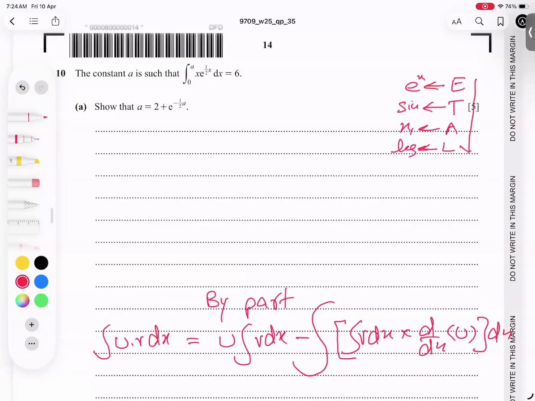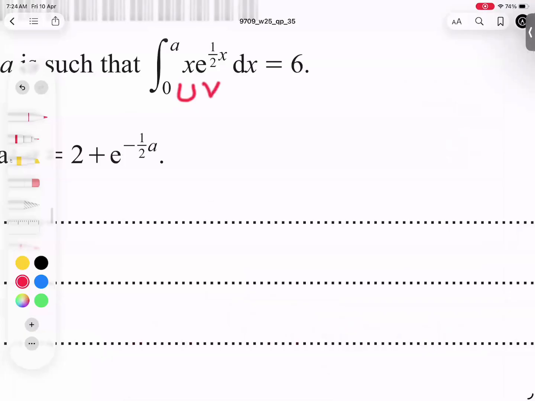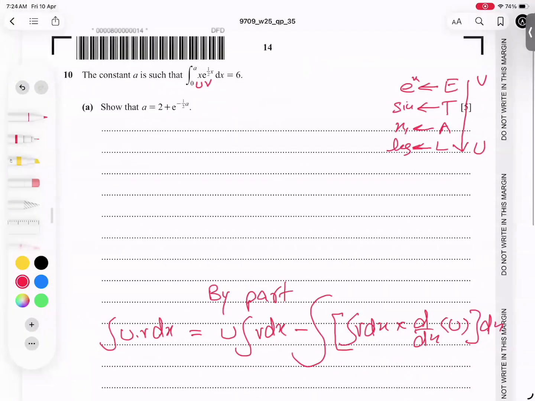From top to down, top is V, down is U. So that is why I will take exponential as V, and algebra is down, U. I'm writing here U, and writing here V. First of all, I'm writing U copy, you can see U copy, integration of exponential function done. Minus a big sign of integral, for the sake of understanding I write dx, and equals 6.